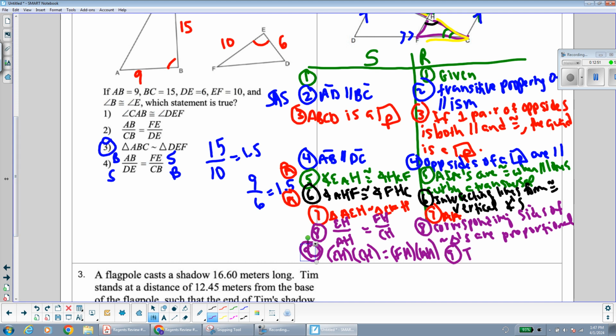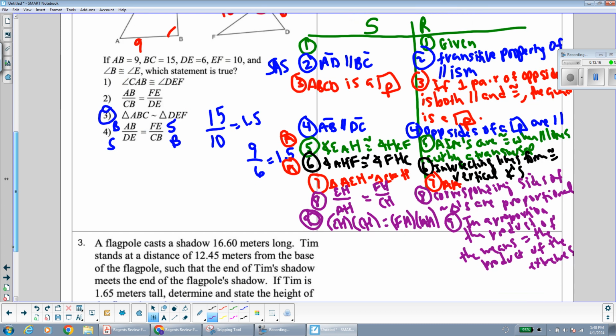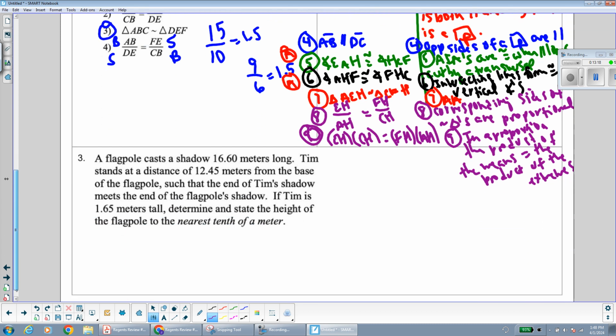And my reason for that is in a proportion, the product of the means equals the product of the extremes. Remember, it's the same reason every time when you are proving a product.